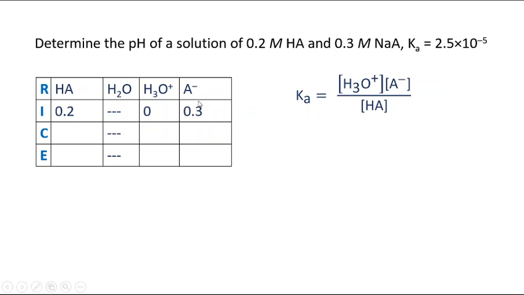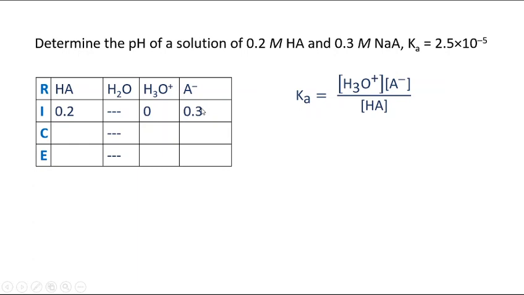The only thing that your A minus was coming from in just the basic acid-base equilibrium problems is whenever HA decomposed to create your H3O plus and your A minus. But for this problem, I'm adding an additional substance that contains this A minus. And so initially, this is no longer going to be 0 because I am throwing stuff into this mixture that contains this A minus initially.